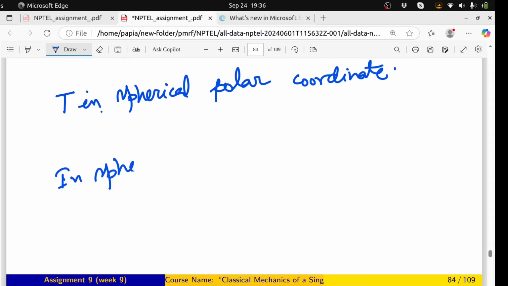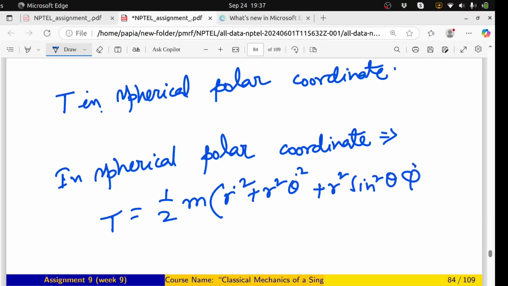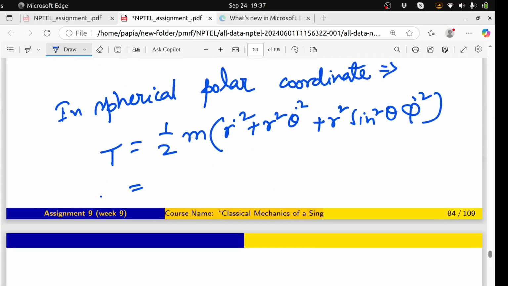In spherical polar coordinates, T is half m (r dot square plus r square theta dot square plus r square sin square theta phi dot square), which is a function of r dot, theta dot, phi dot, r, theta.